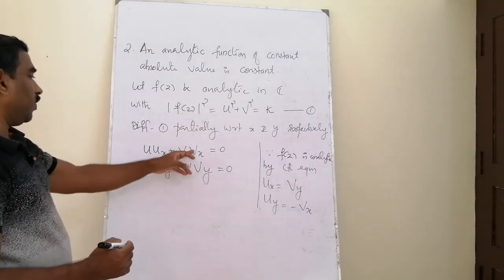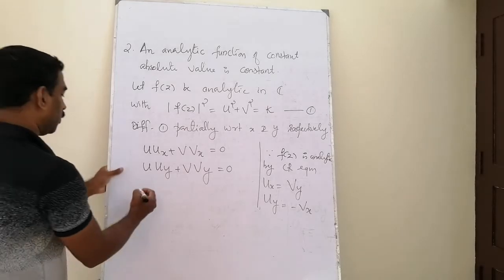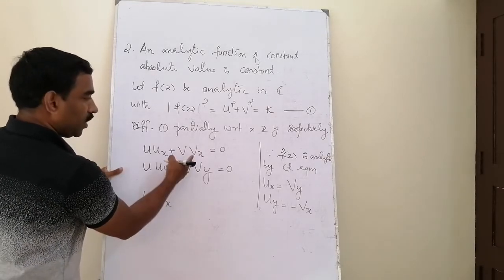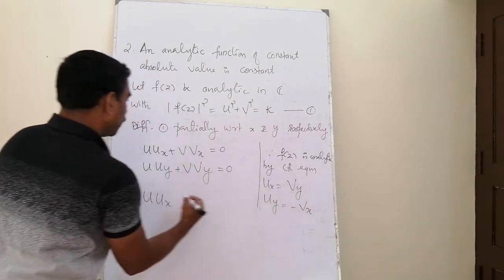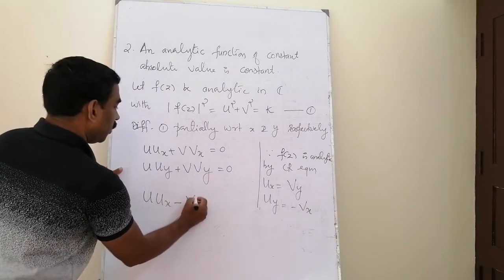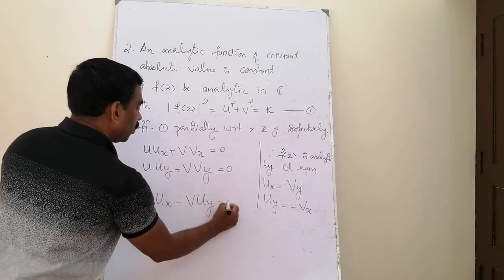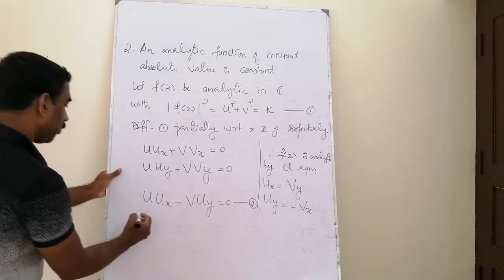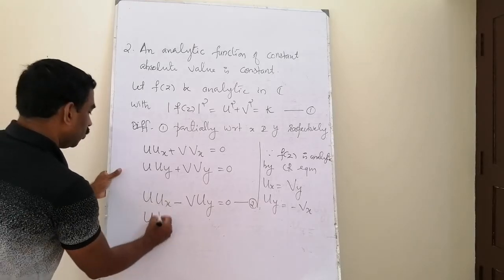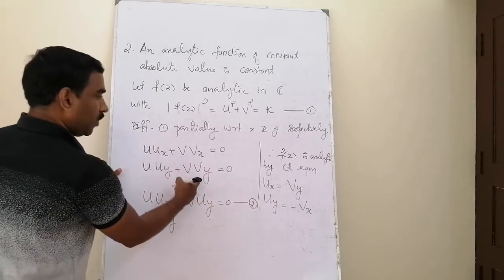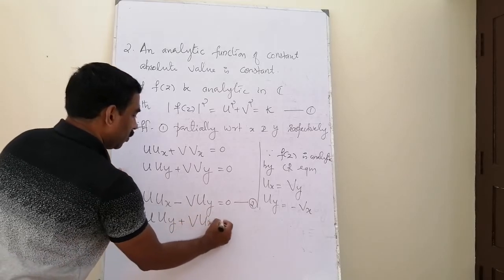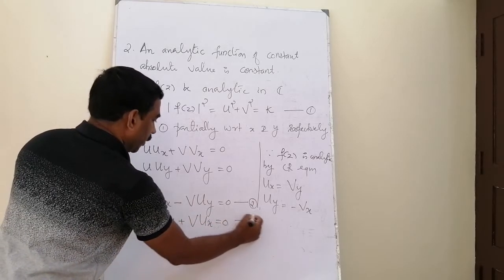So we can replace every vx and vy term in terms of u. So we have the equation u ux, and what is vx? Vx is minus uy, that is minus v into uy equal to 0. Suppose this is equation number 2. And similarly, another equation, u uy, and what is vy? Vy is ux, plus v into ux equal to 0, equation number 3.